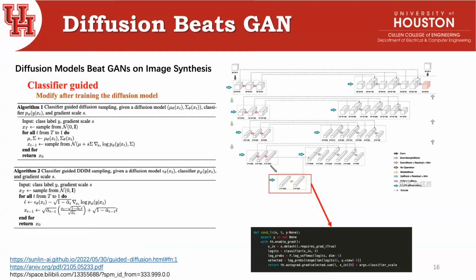And here is also, I think, a good improvement of the diffusion model. They propose a classifier guide. So what is classifier guide? Imagine if you want the diffusion model to generate a dog. So what can you do?